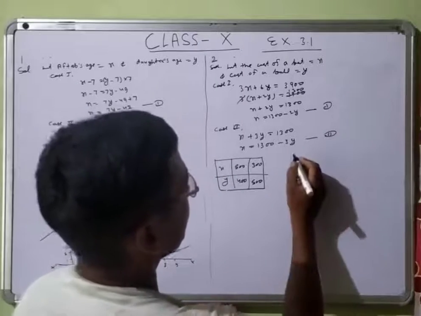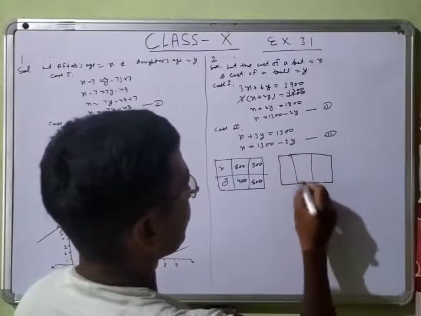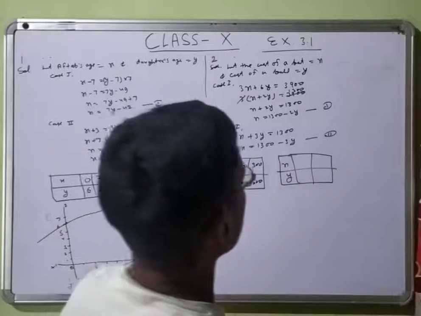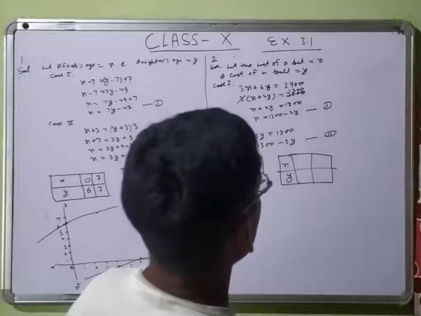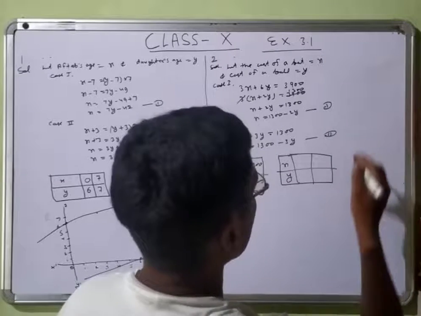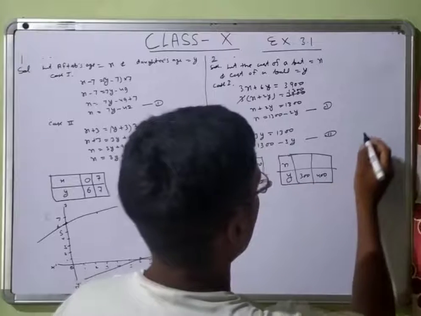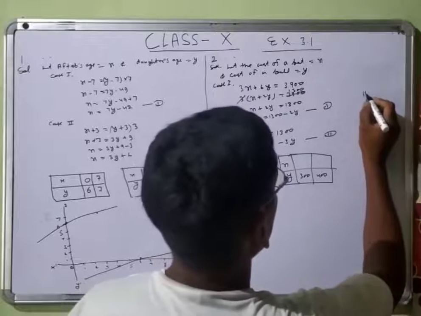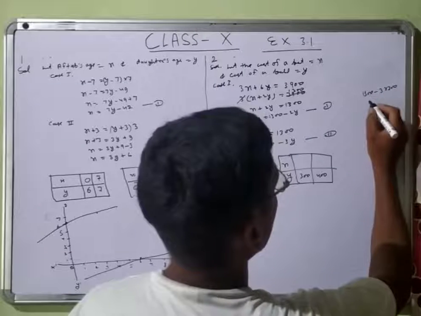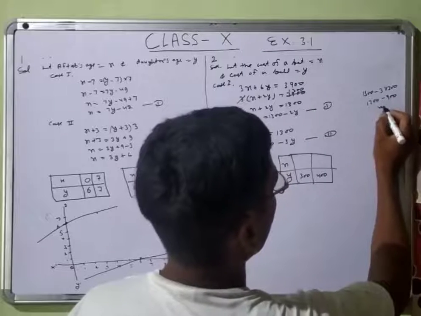Now for case second, x, y. So here we will write 300, 400. So that will be 13 minus 3 into 3, 3 threes are 9, that will be 400.